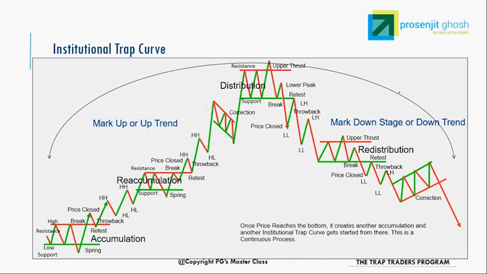Okay, so once price reaches the bottom, it creates another accumulation, and another institutional trap curve gets started from there. This is a continuous process. I mean, at this stage, when price returns to a fresh accumulation or reaccumulation, price will create another accumulation, breakout happens, and another institutional trap curve happens, and this time this trap curve will make a higher high.